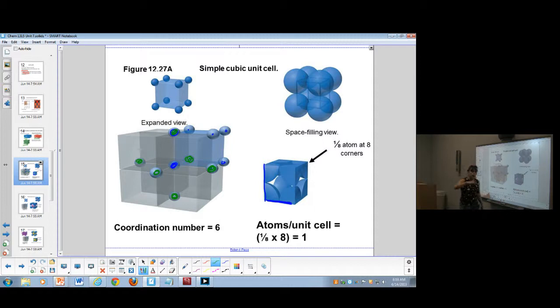So it's like a plane. There are 4 blocks where the middle one is touching each and every one of those other blocks and their atom, and then there's the one above and one below. So the coordination number here is 6. It touches 6 things. And because it has 1/8 of an atom at every corner, it has a total of 1 atom in that simple cubic cell.